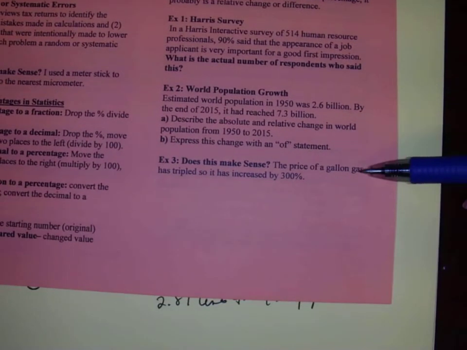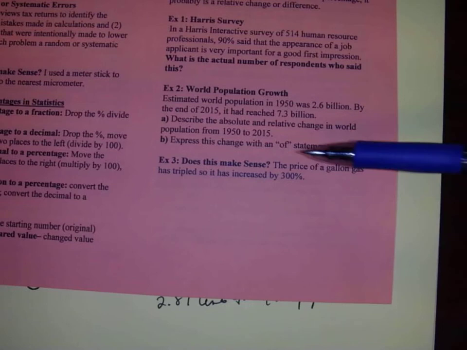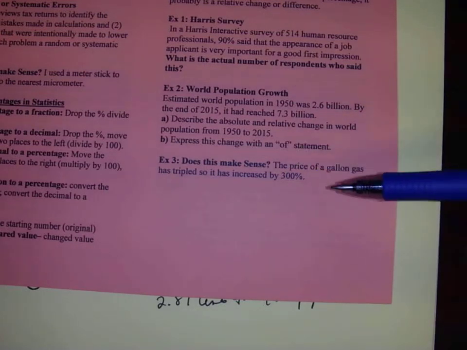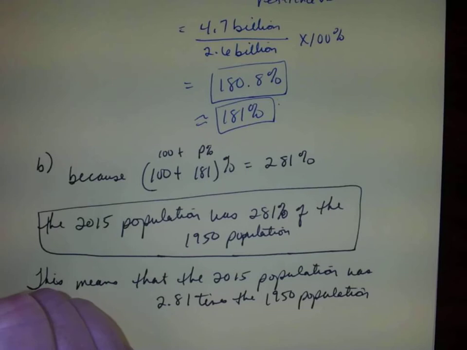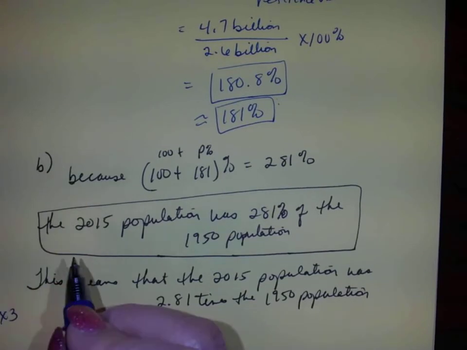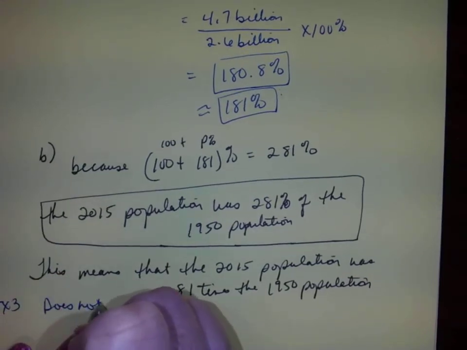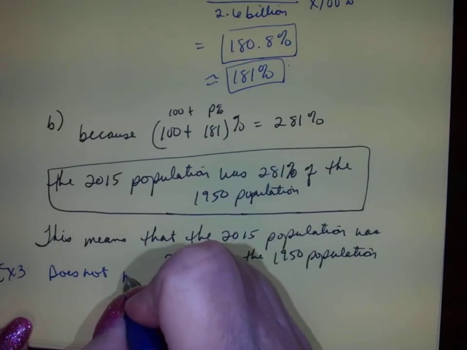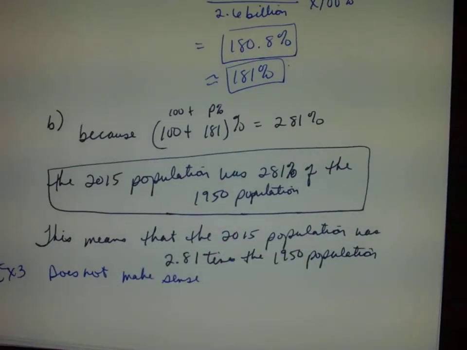The price of a gallon of gas has tripled. So it has increased by 300%. So does that make sense? Well, it does not. So let's do a little bit of simple math to figure that out.